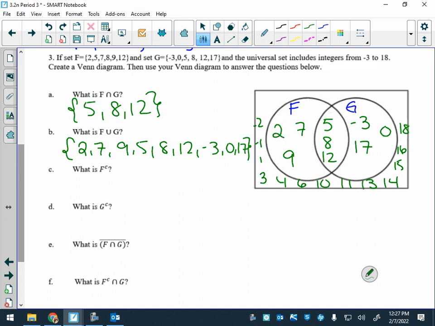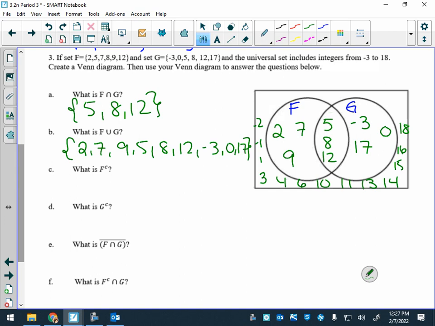Then what is not in F? Not in F. Yeah, Andrew. Yes. Good. Forgot you put them in order. So, not in F includes -3, 0, and 17, and all the numbers on the outside. When I post this, it will have it all listed, okay, for you to see.